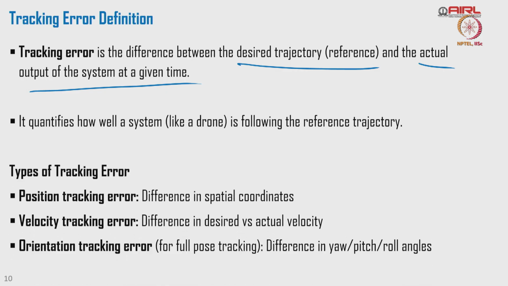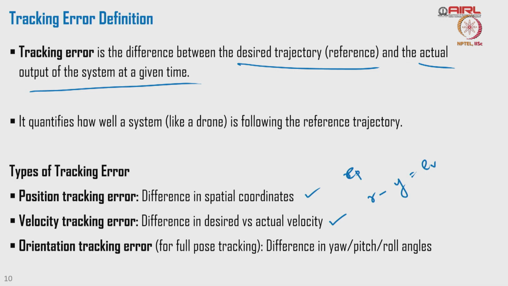Okay? There are different types of tracking error. One is position tracking error, which shows the difference in spatial coordinates, and velocity tracking error, which shows the difference in desired versus actual velocity. So, the desired velocity in that case becomes r, the actual velocity becomes y, and what we get is a velocity error. What we get here is a position error, right.